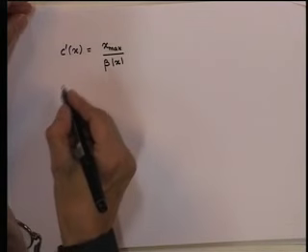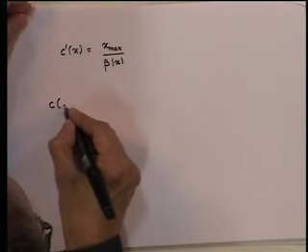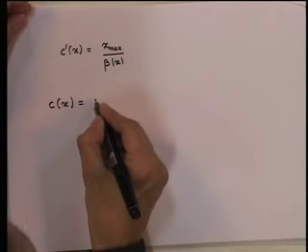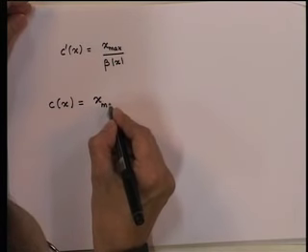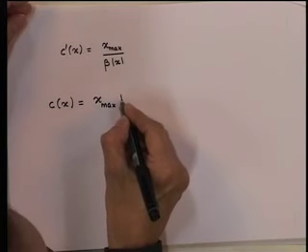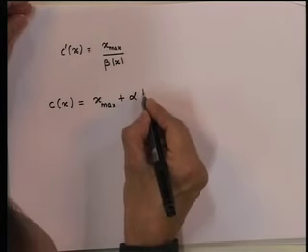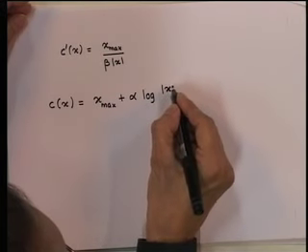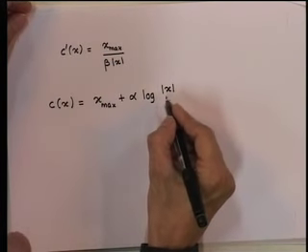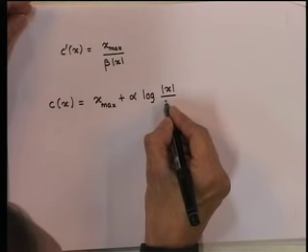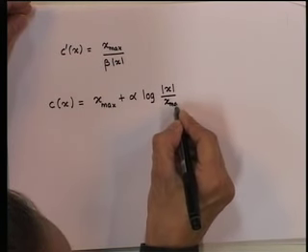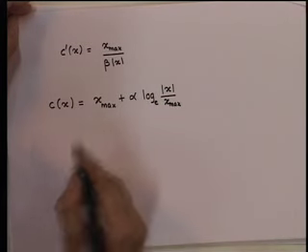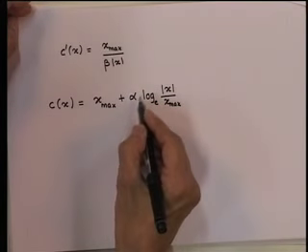Therefore, this on integration results in the compressor characteristic given by C x is equal to x max plus alpha times log of mod x by x max, where alpha is a constant.